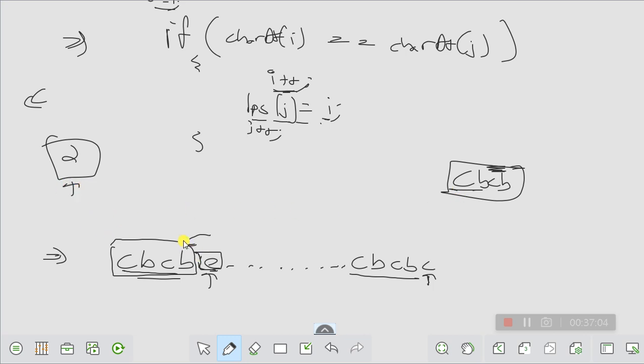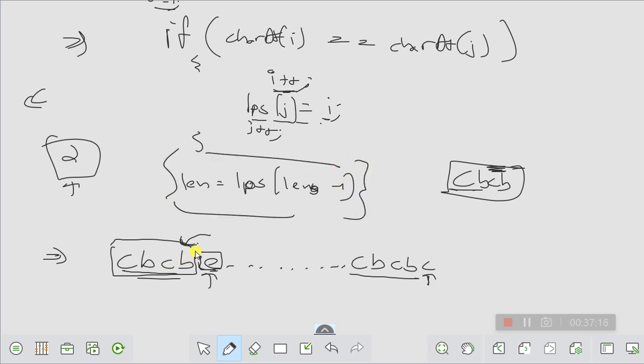So I'm going to ask from this, and this means that my length is going to become LPS of length minus 1. I hope you guys are getting the intuition why I'm doing so, because if this e cannot be included in our answer, it doesn't mean that we are not going to have a longest prefix suffix till this index. How? I'm going to ask from this b, and this is going to return me index 2.